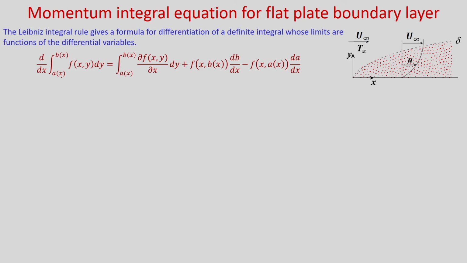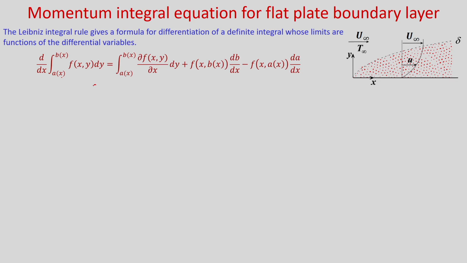Now you see in our left hand side first term, u square you can take as f, that is f of x, y. The limits are a and b: the lower limit is 0, and the upper limit in our case is delta, which is a function of x, and obviously u is a function of x and y.